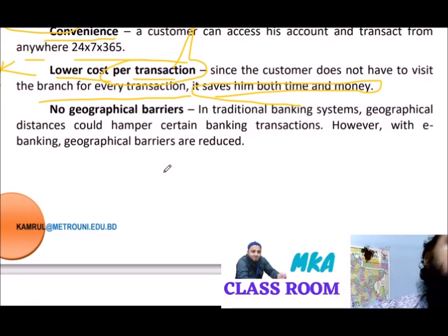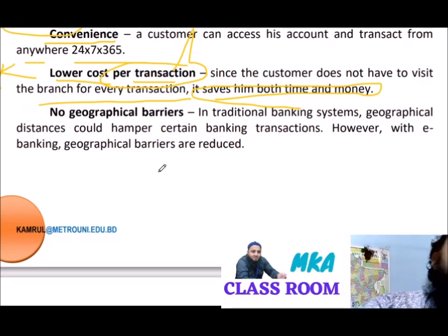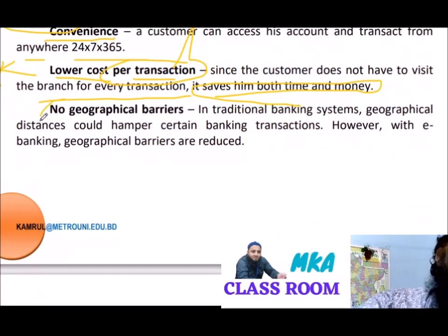No geographical barriers. That is another important advantage of electronic banking. If you are living in Bangladesh, you can open an account in New York and maintain it from your home in Bangladesh.